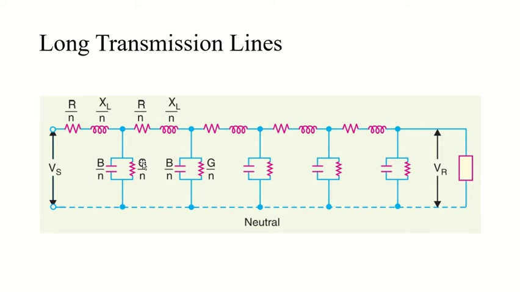Don't worry, it's not related to COVID, but there is a corona effect in high voltage AC lines. Because of that, we see a faint ozone layer and some hissing noise close to the conductor. So this corona effect and leakage over the insulation will be dealt with by this leakage conductance.